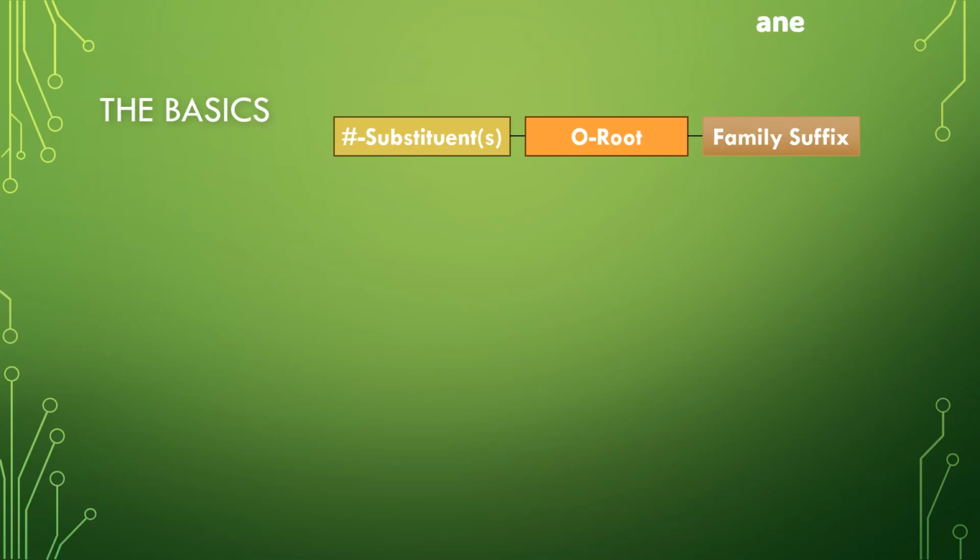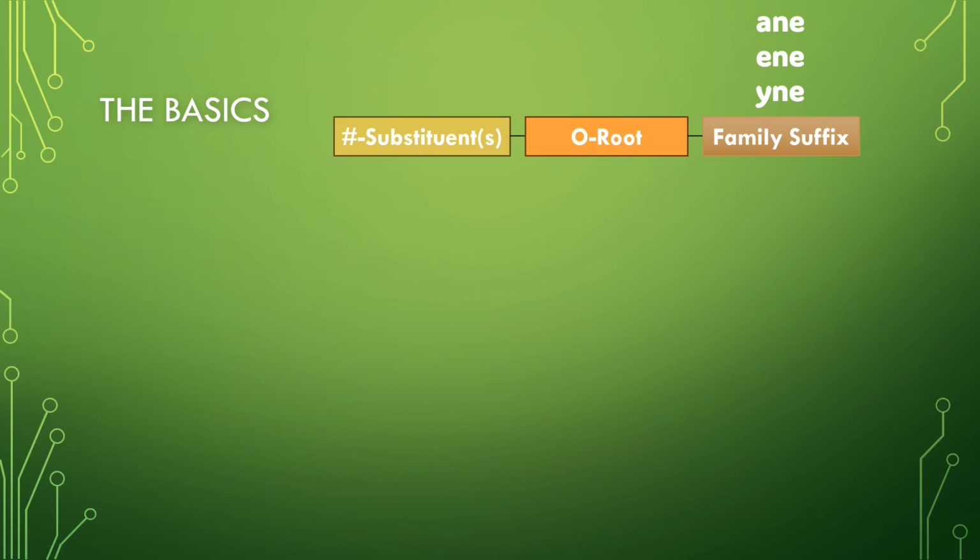So far we've only used ane for our linear, branched, and cyclic saturated hydrocarbons. But now we're going to introduce two new ones. Ene for when there is a carbon-to-carbon double bond, and yne, Y-N-E, for when there is a carbon-to-carbon triple bond in that carbon chain.